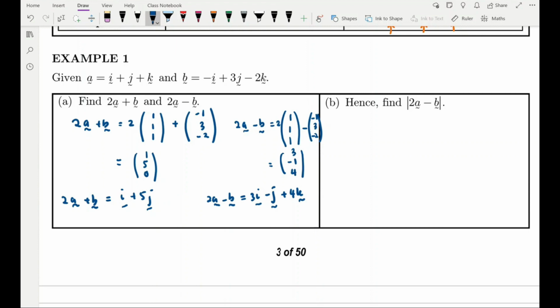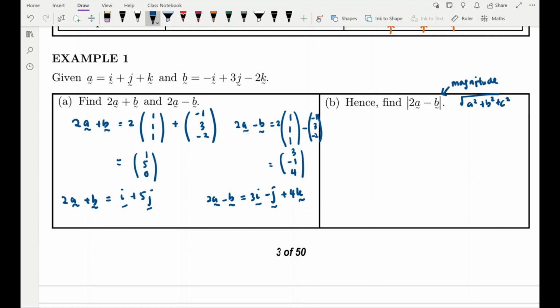Question 1b. Hence, find magnitude. Remember, before this, the modulus is our magnitude. So how to calculate magnitude? Magnitude is the distance formula: a squared plus b squared plus c squared.